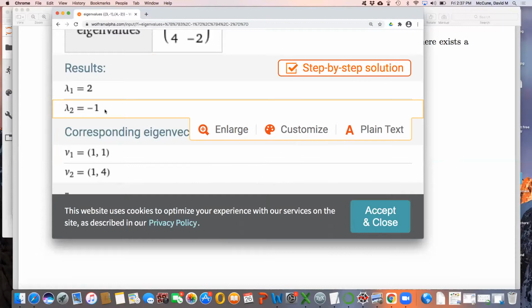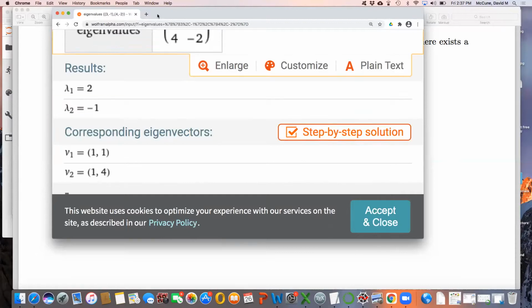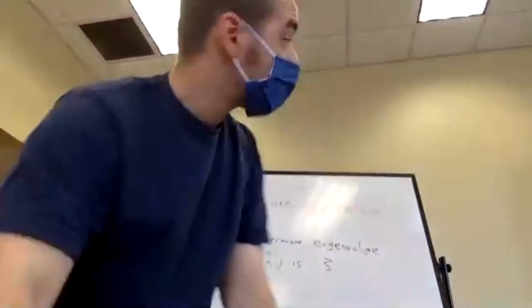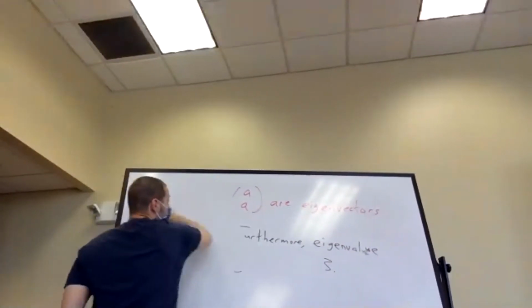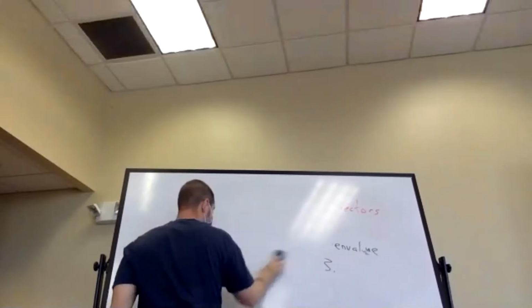So let me just come back here and summarize what else Wolfram has told you. And then we'll actually be in a position to go back to differential equations and systems on Monday. So Wolfram has told you this.